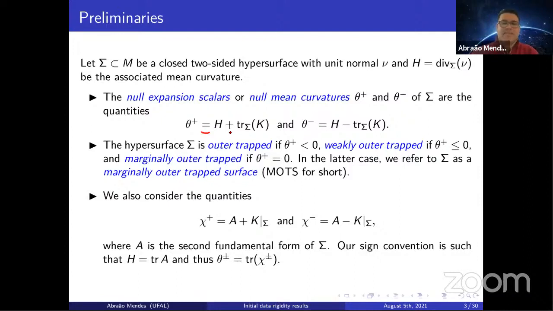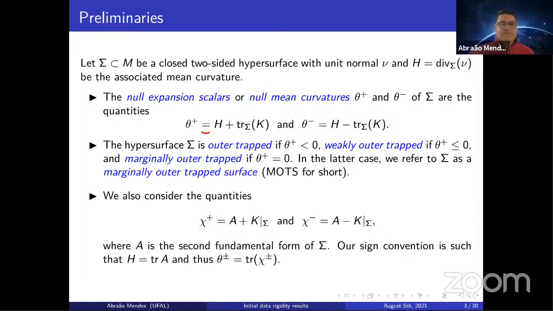Theta plus is H plus the trace of K with respect to sigma, and theta minus is H minus the trace of K with respect to sigma. We say that sigma is outer trapped if theta plus is negative, weakly outer trapped if theta plus is non-positive, and marginally outer trapped if theta plus vanishes. In the latter case, we say that sigma is a marginally outer trapped surface, or MOTS for short.